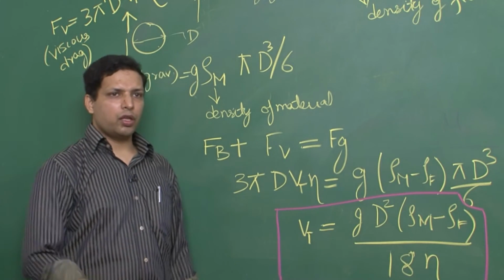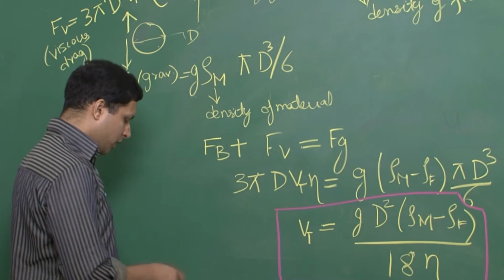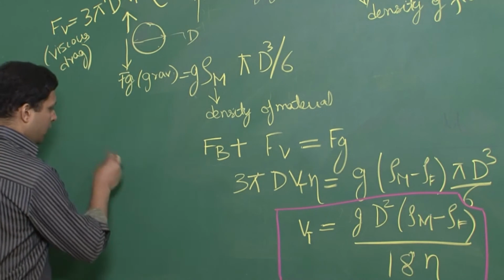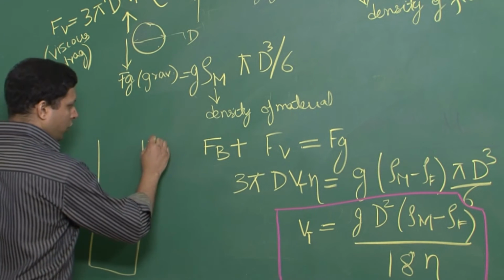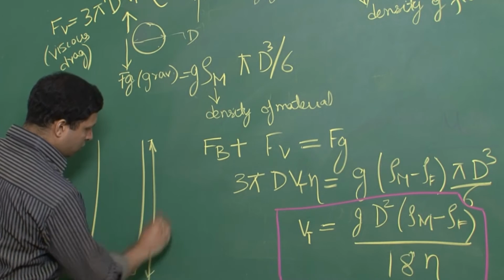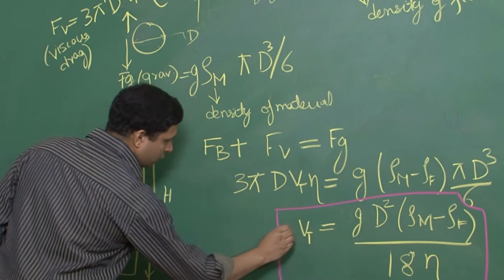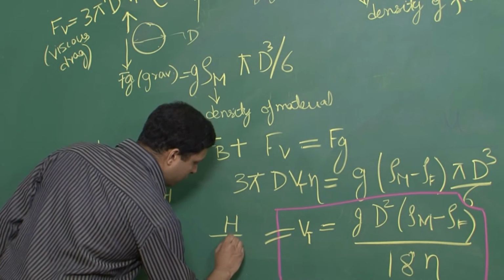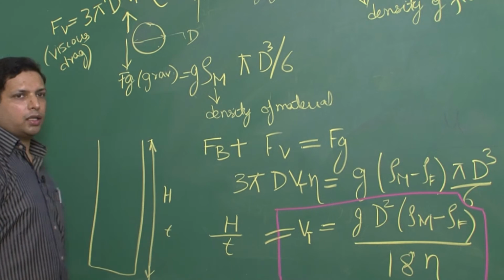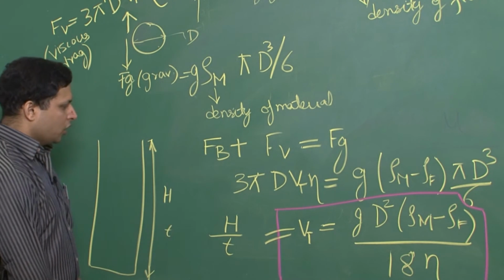Now, if you know the velocity of a particle and if you have put these particles in a glass jar of length h, and if it takes time t to reach the bottom, then this Vt can also be written as h over t, where h is the length that it is crossing and t is the time it takes to reach the bottom.